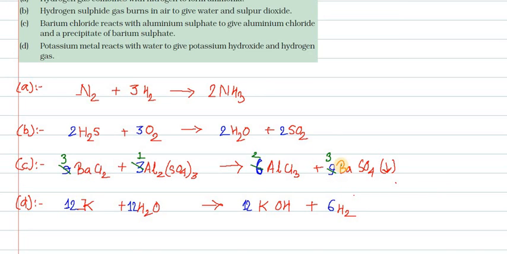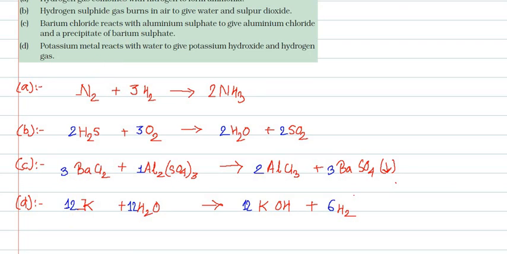So the simplified expression will be 3, 1, 2, 3, and just remove these superscripts. Okay, fine. So this is the balanced equation.